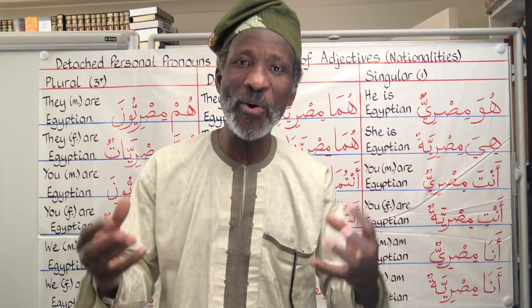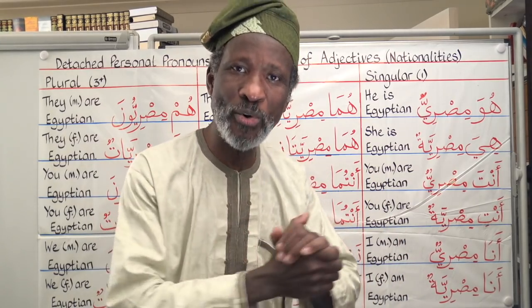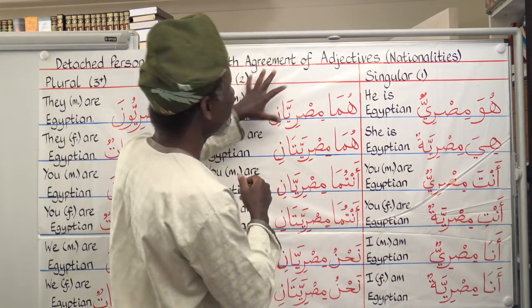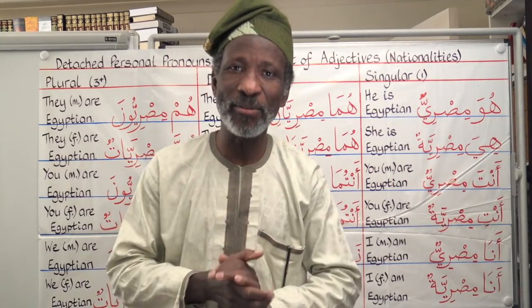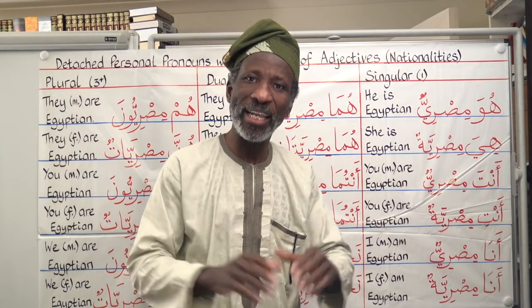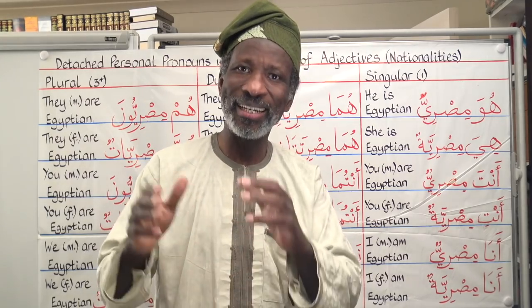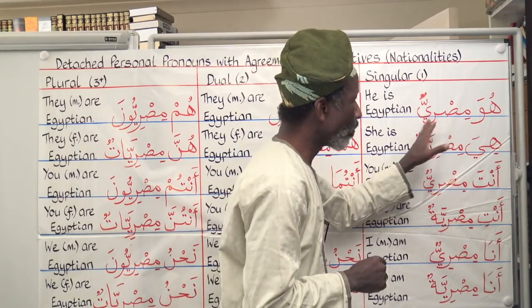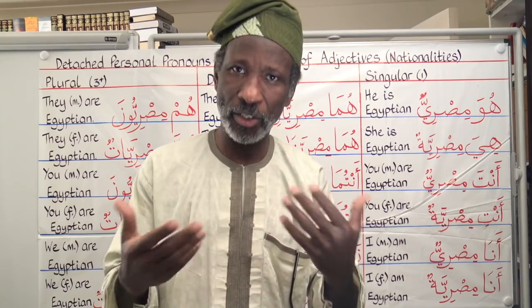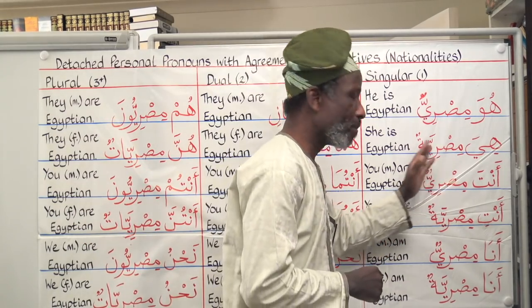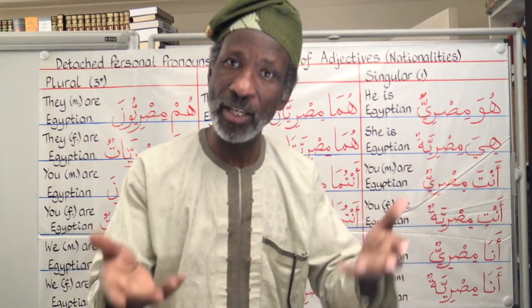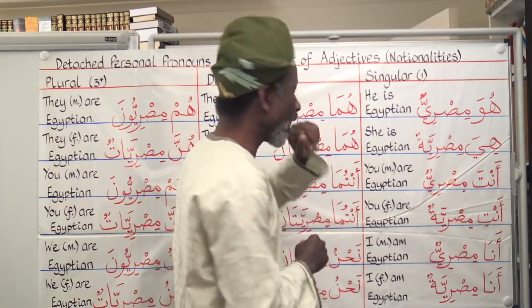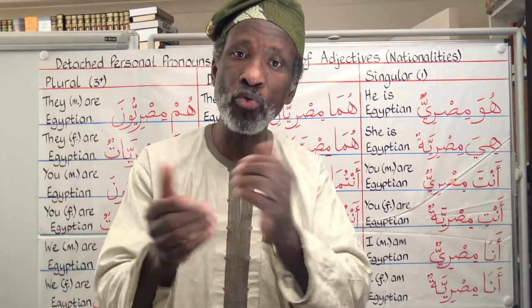Now let's have a look at the detached pronouns with agreement of adjectives, like nationalities for instance. Let's start with the third person, للغائب. هو مصري. He is an Egyptian. هي مصرية. She is Egyptian. Now let's move on now to the duo, meaning two of them.